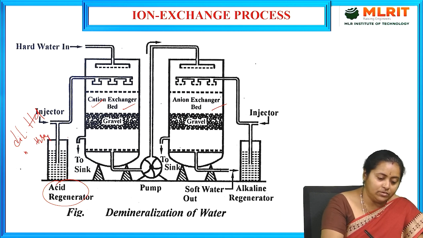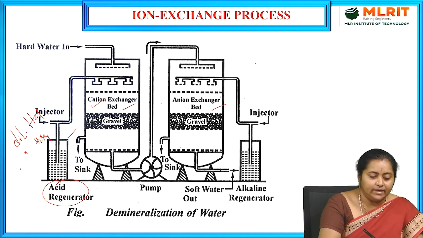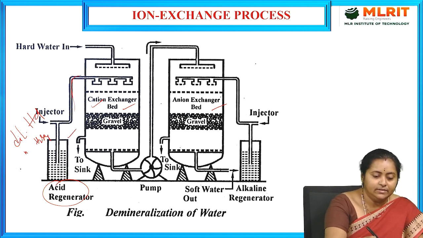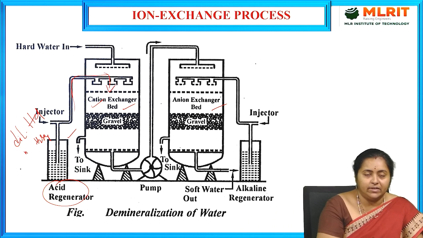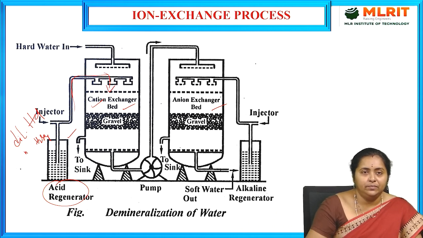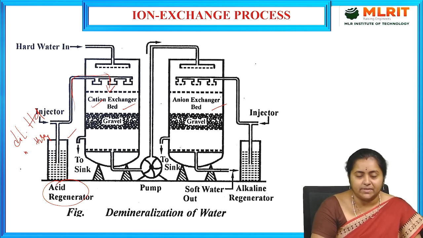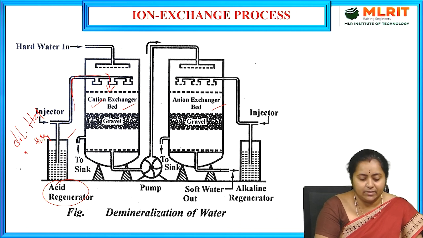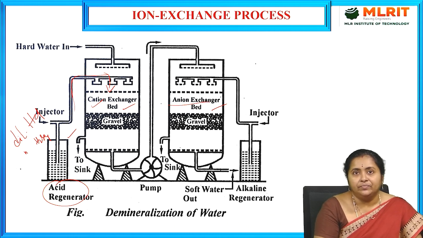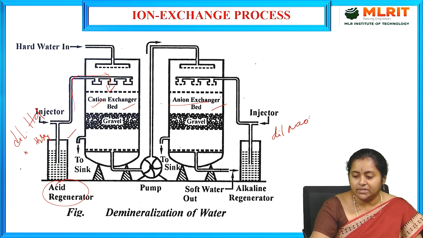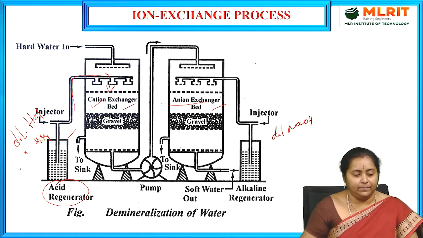It is stored in the regeneration tank, and then injected into the cation exchange bed. There it combines with the washings present in this tank, thereby regenerating the cation exchange resin. To regenerate the anion exchange resin, we have to make use of dilute NaOH or KOH, which is able to regenerate the anion exchange bed.